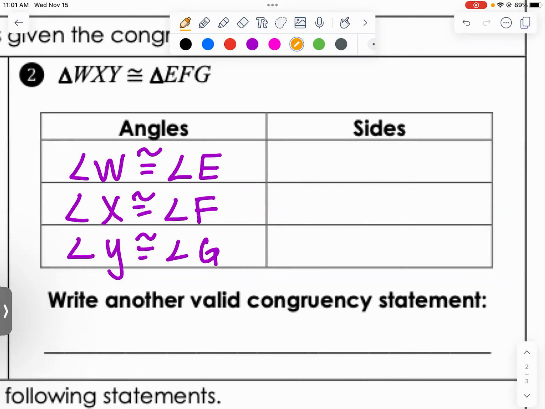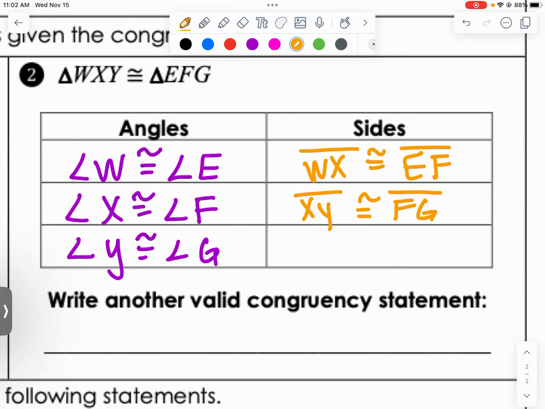All right, Alexa, give me a side. WX is congruent to EF. Great. Harvey, give me another side. Awesome. Ben, give me another one. WY is congruent to EG.